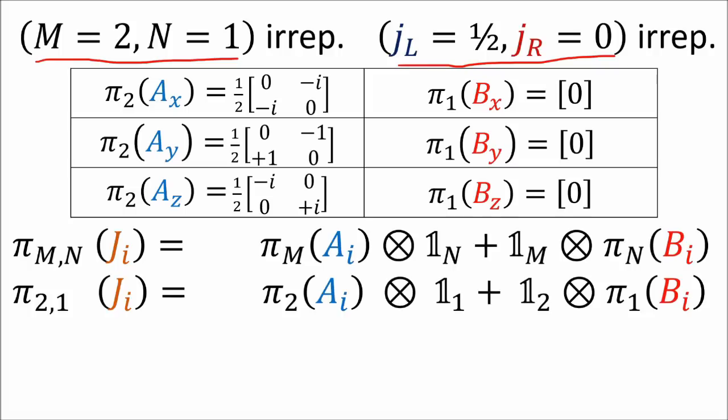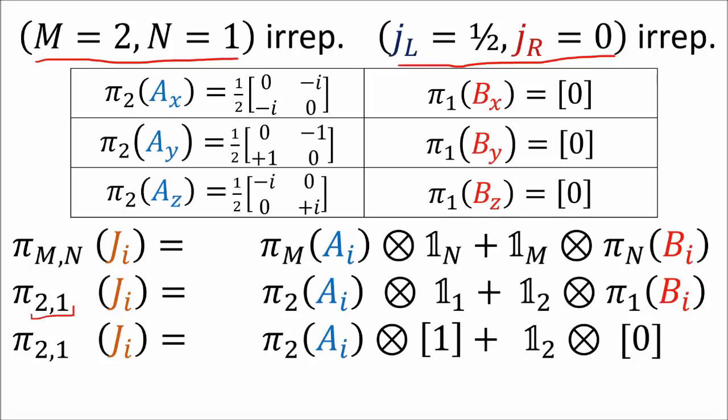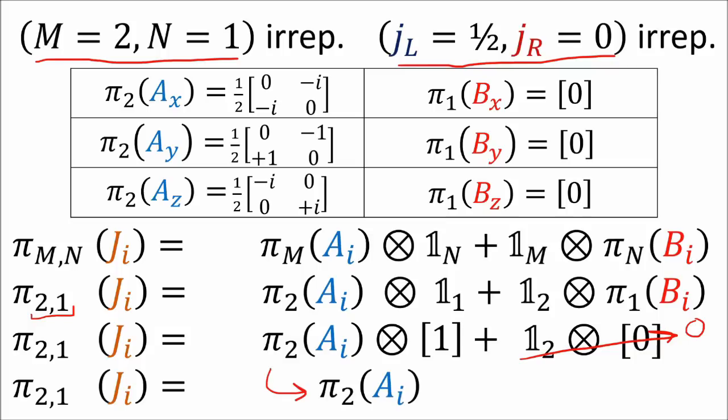For rotation matrices, since the second term in the sum is the 1-by-1 irrep, it goes to 0 and can be ignored. For the first term, we have our 2x2 irrep tensored with the 1-by-1 identity matrix. This tensor operation leaves the 2x2 matrix unchanged, so we're just left with our standard 2x2 irrep.